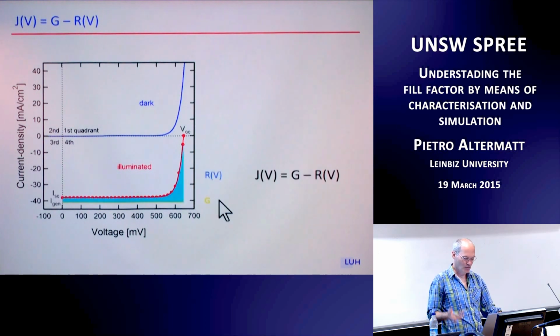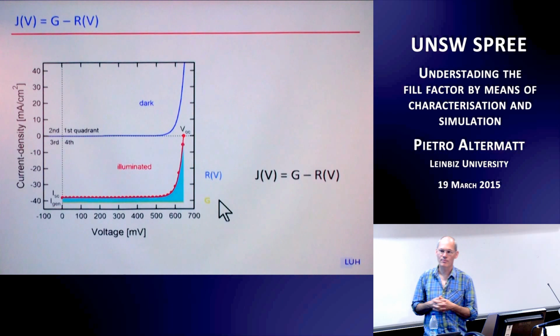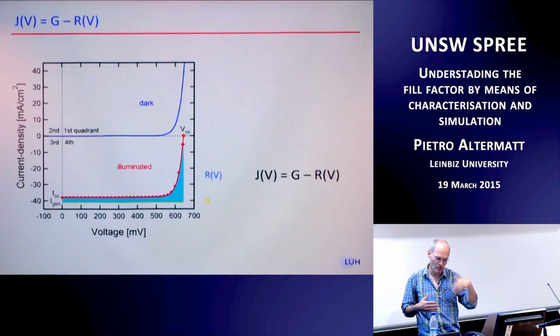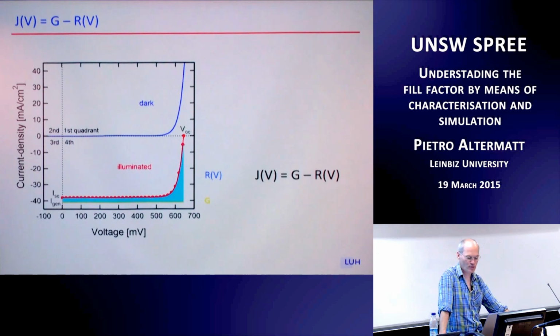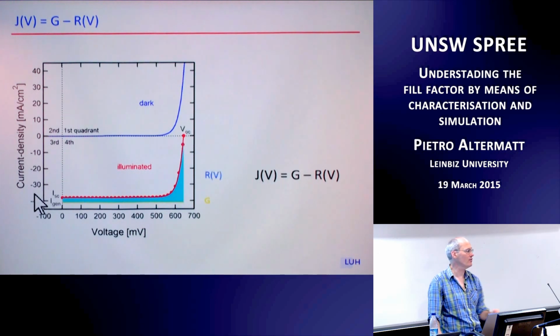And if the superposition principle applies, the recombination would be just the dark current, which you subtract from the short-circuit current JSC, because you're not at thermal equilibrium anymore. So that blue part is basically your recombination losses. G minus recombination losses as a function of voltage gives you the illuminated IV curve.